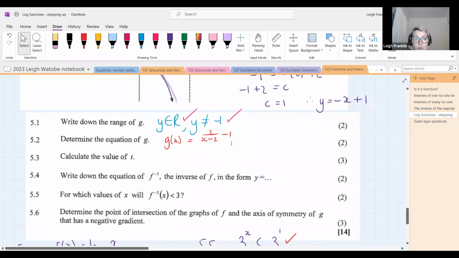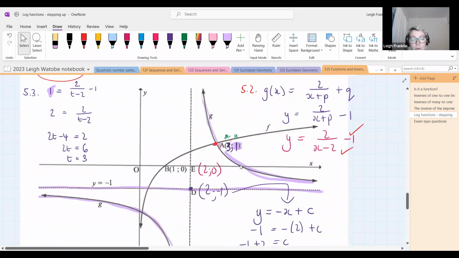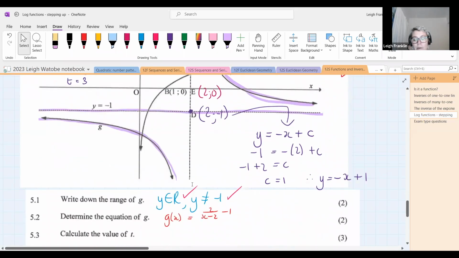They want us to determine the point of intersection of f and the axis of symmetry that has a negative gradient. So if we go back and have a look at our diagram, here is f over here. The only bit of information that we've got about f, apart from the fact that it has coordinates A and B, is that here is its x-intercept. We've already worked with this. Why have they told us that its x-intercept is b and -1?